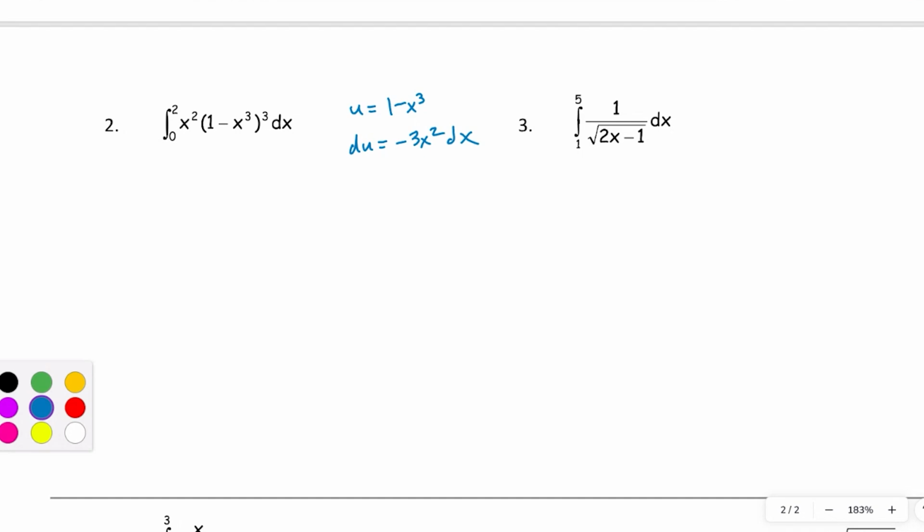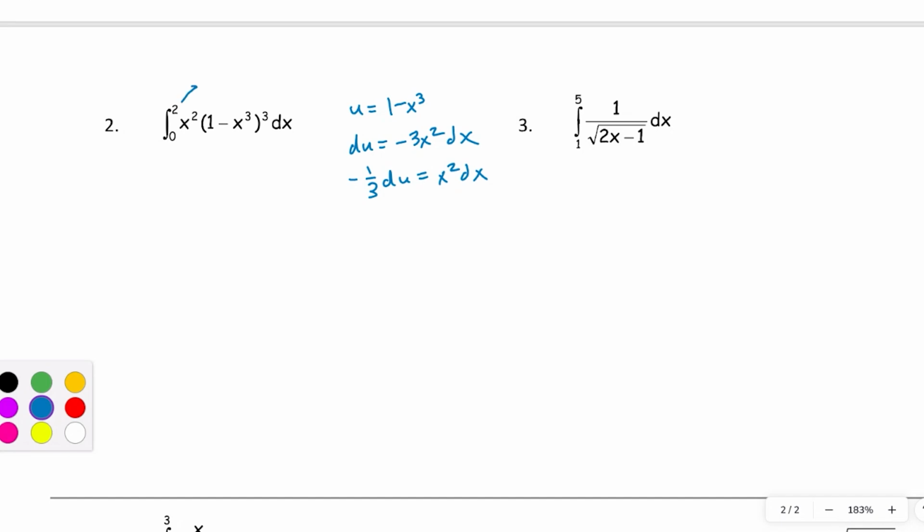We do want to rewrite that because we don't have negative 3x squared, we just have x squared. So we need to divide both sides by negative 3. And then before we start making substitutions, we also need to convert the boundaries.